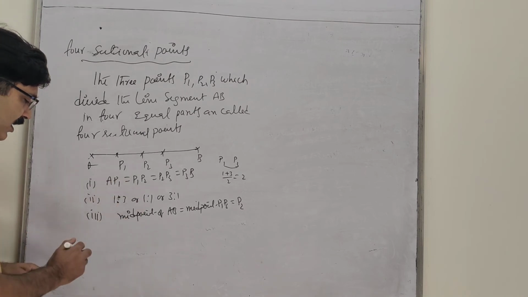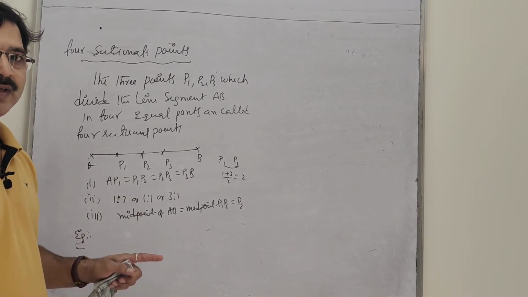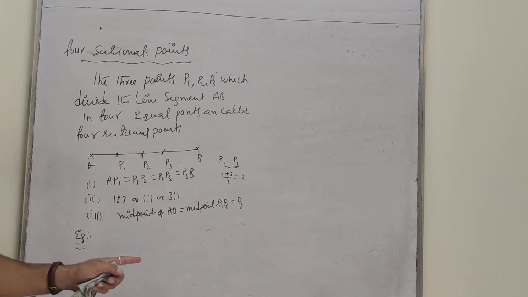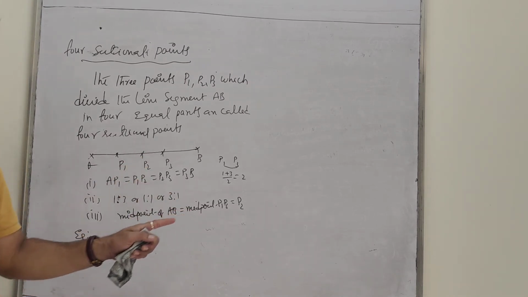First of all, I'll take one general example, and afterwards I'll go for the beautiful example. Find the points which divide AB into four equal parts.